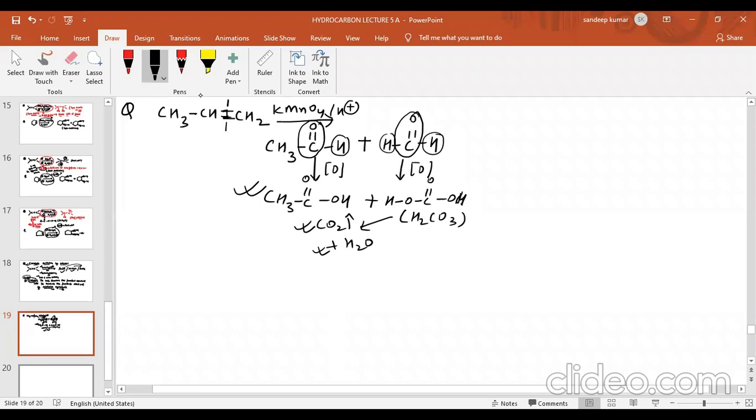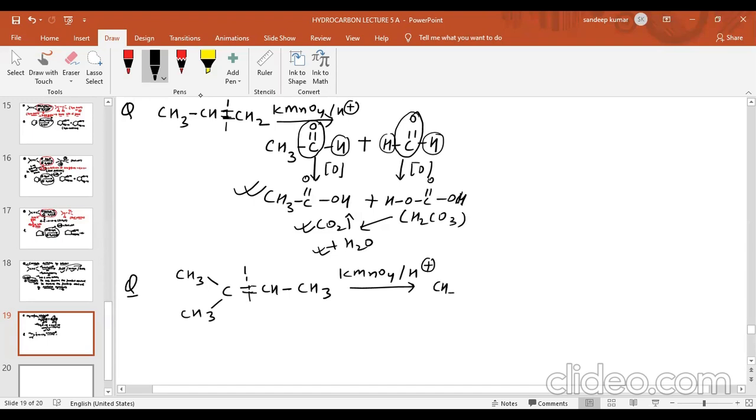Now see another question. If the compound is given like this, CH3, C, CH3 and double bond CH, CH3, and the reagent is KMnO4 in acidic medium. Now see, first break the pi bond. So one of the products obtained is CH3, C double bond O, CH3.